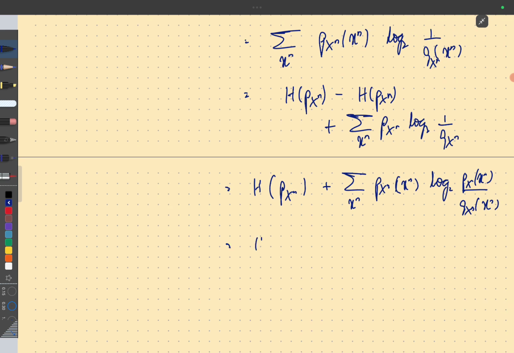Which is nothing but the entropy of the source plus the KL divergence between P and Q.